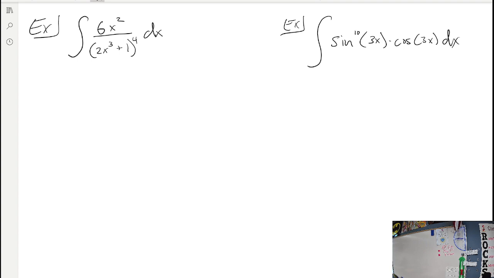What are we doing? Oh yeah. I have another question. So we're letting u equal 2x cubed plus one.